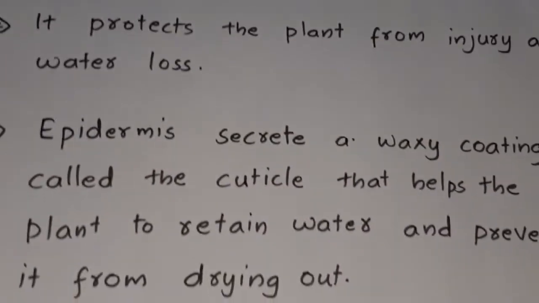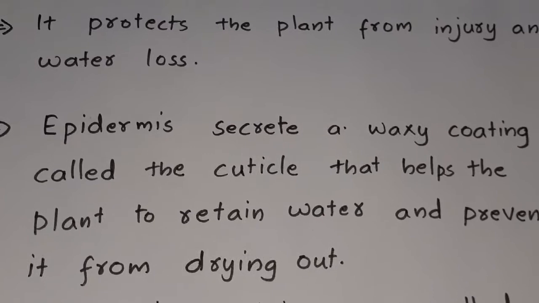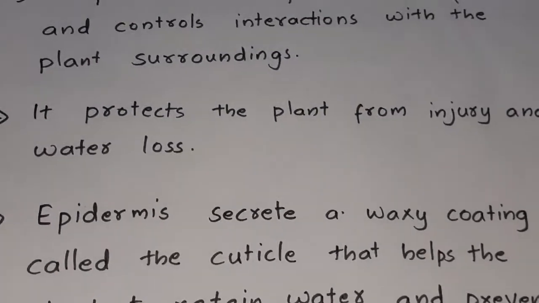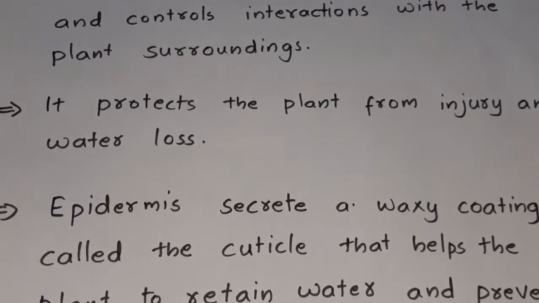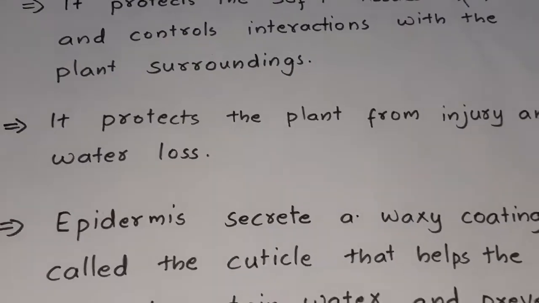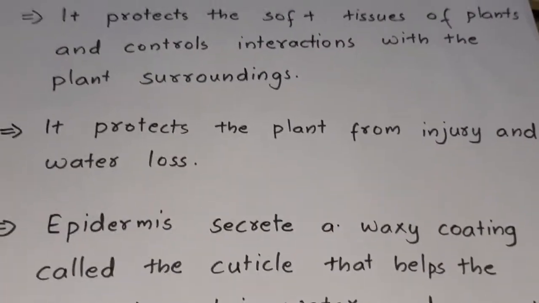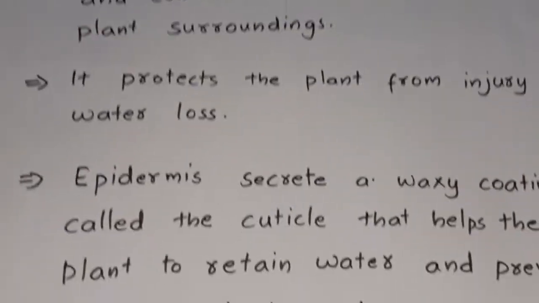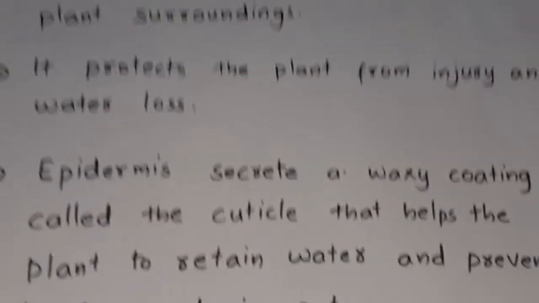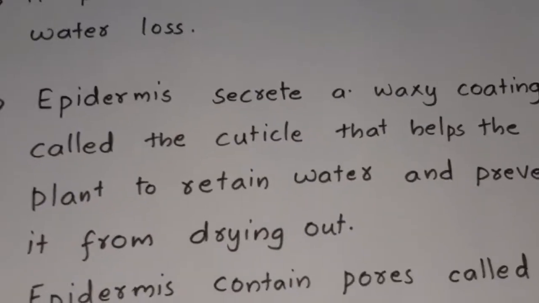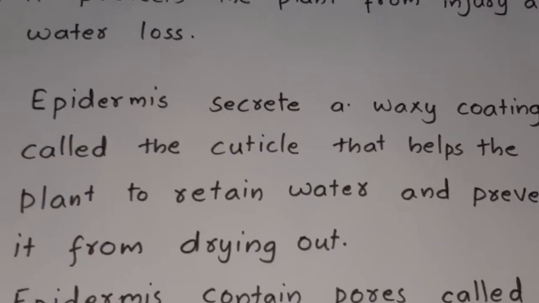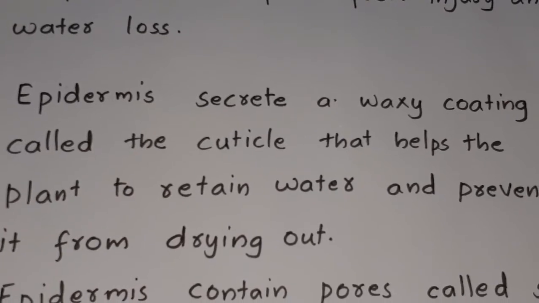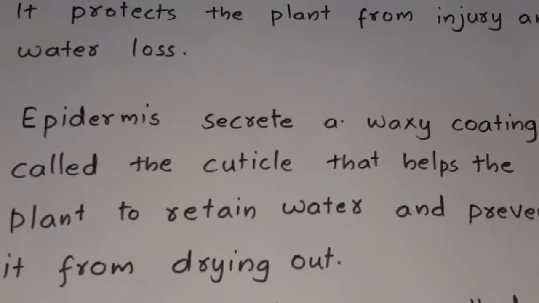Also, plants lose water from their body. We call it transpiration, and this water loss is also prevented by these dermal tissues because it is the outermost covering.